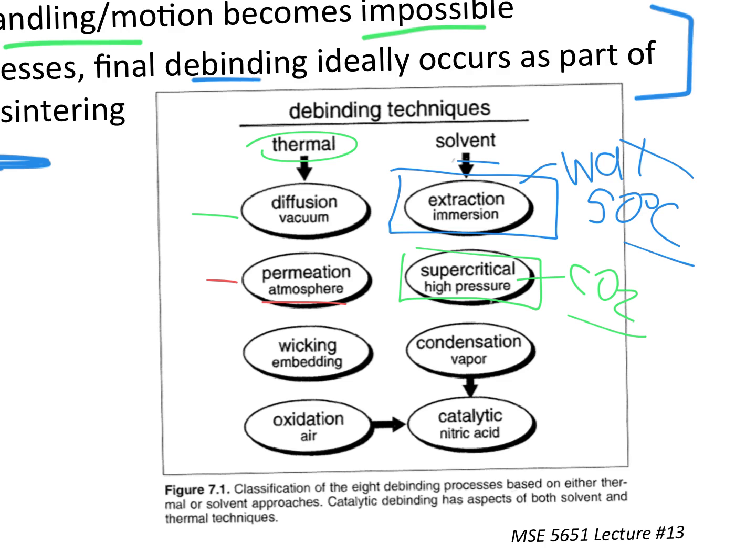We also have something we've talked about, wicking processes. Again, this is all in the category of thermal. We can also think about condensation processes in which we generate a vapor and that vapor is removed. And we can catalyze this, so we can infuse an atmosphere of nitric acid, not liquid nitric acid, mind you, but vapor containing nitric acid vapor that diffuses in and attacks that polymer and starts to help break it down in a controlled way.